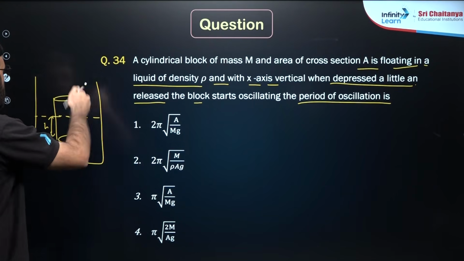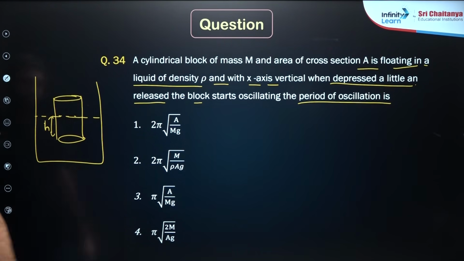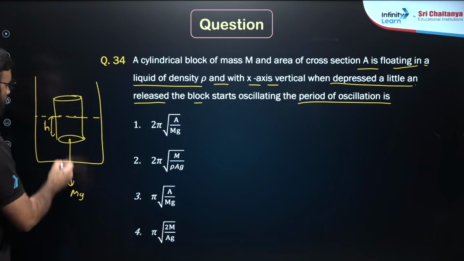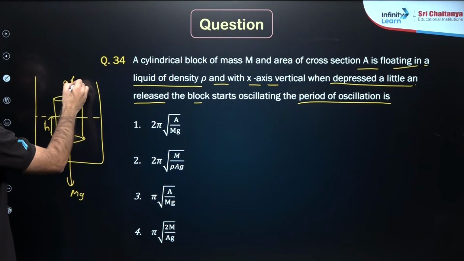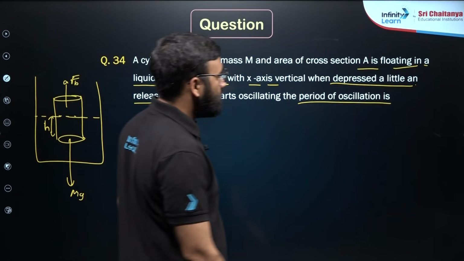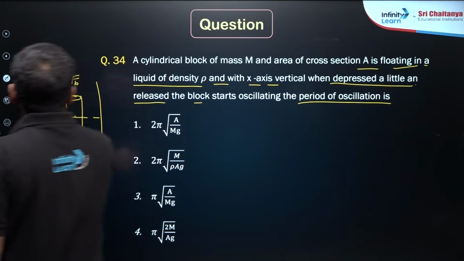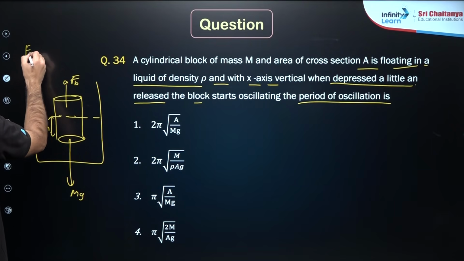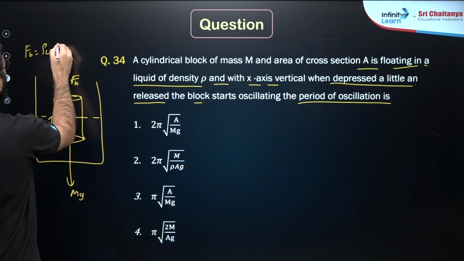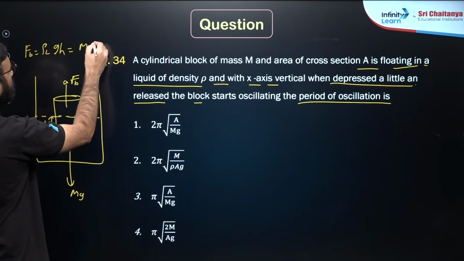When we press this a little bit, if there is no external force, which forces are working here? mg is in the downward direction and the buoyancy force Fb is in the upward direction. So first you can balance these. Here, Fb equals rho L g into height h equals mg.